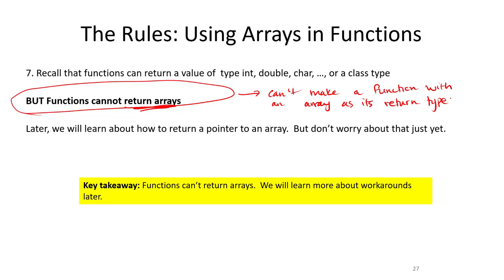That's okay, because remember, we can still use pass by reference. And there are workarounds that we'll learn about later, such as pointers and dynamic arrays. But for now, please remember that functions cannot return arrays. So we'll take a look more at workarounds later in the class.